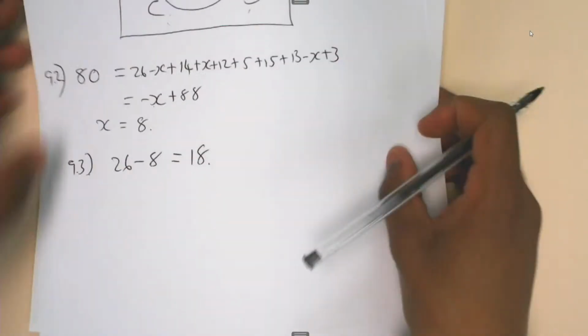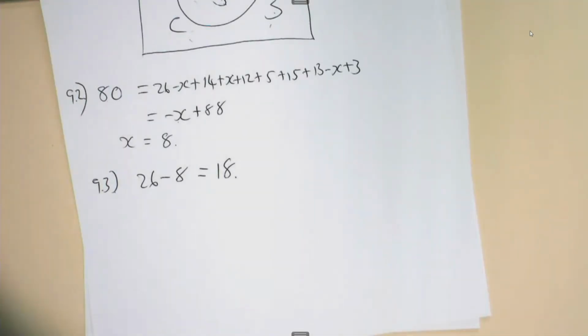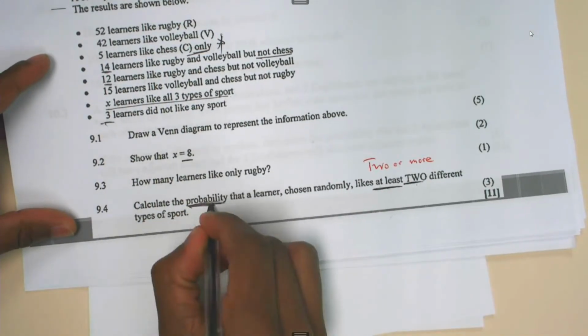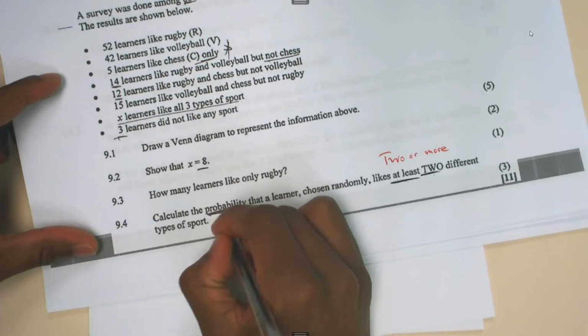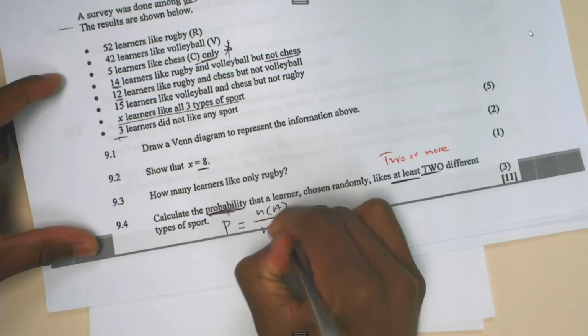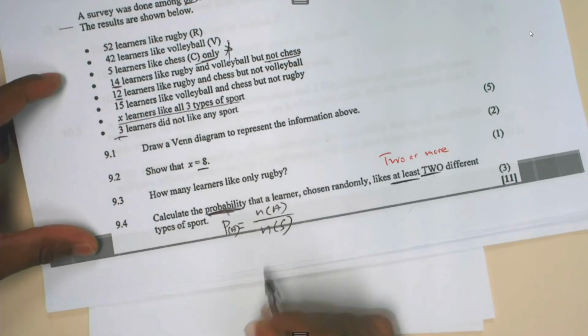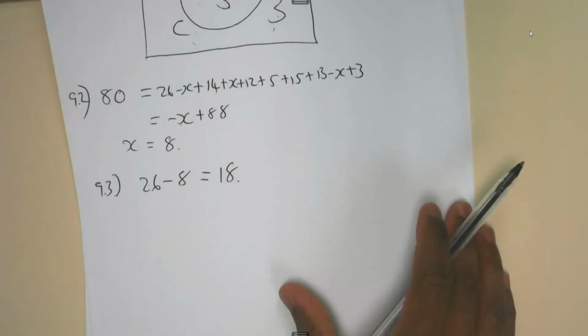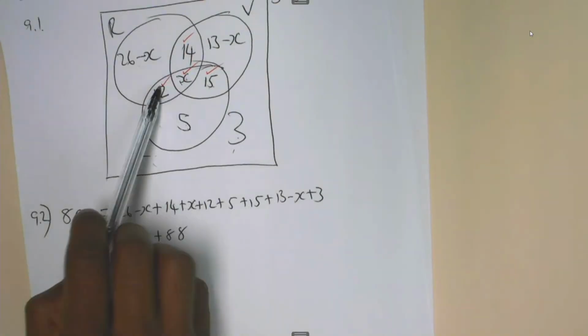Going back to the question, it says calculate the probability. Remember, when you deal with probability, we deal with the number of elements in event A over the number of elements in the sample space. Favorable outcome over the sample space. So, what's our favorable outcome? It's the addition of all these learners here.